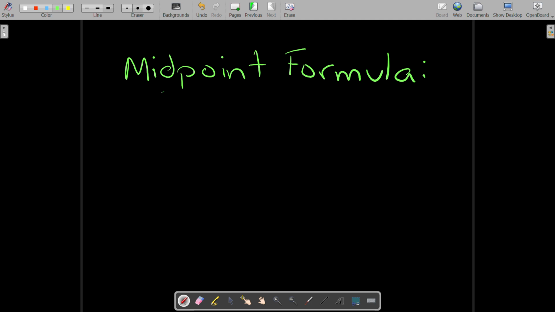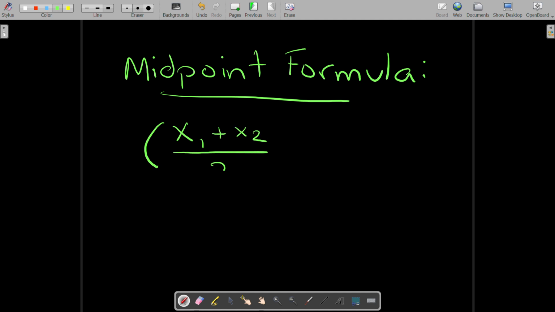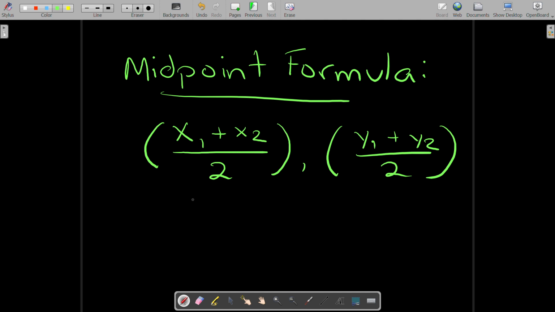The midpoint formula is (x1 plus x2 divided by 2, y1 plus y2 divided by 2). This is the x-coordinate, and this is the y-coordinate.